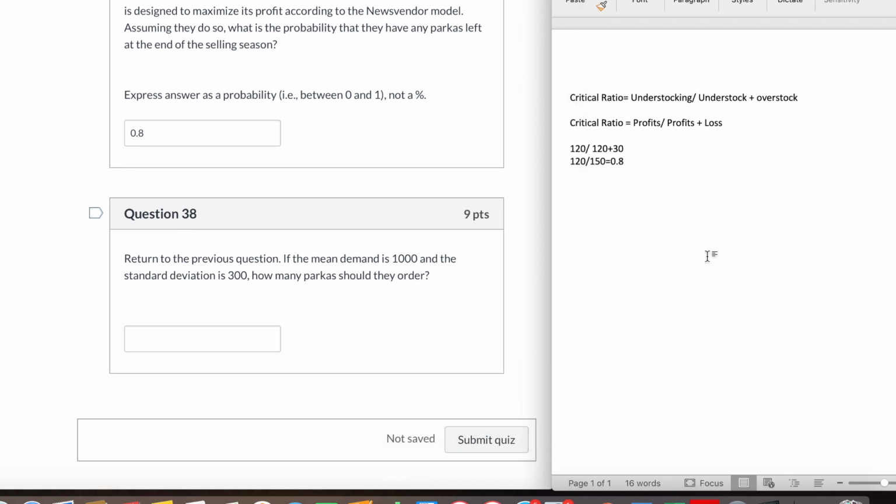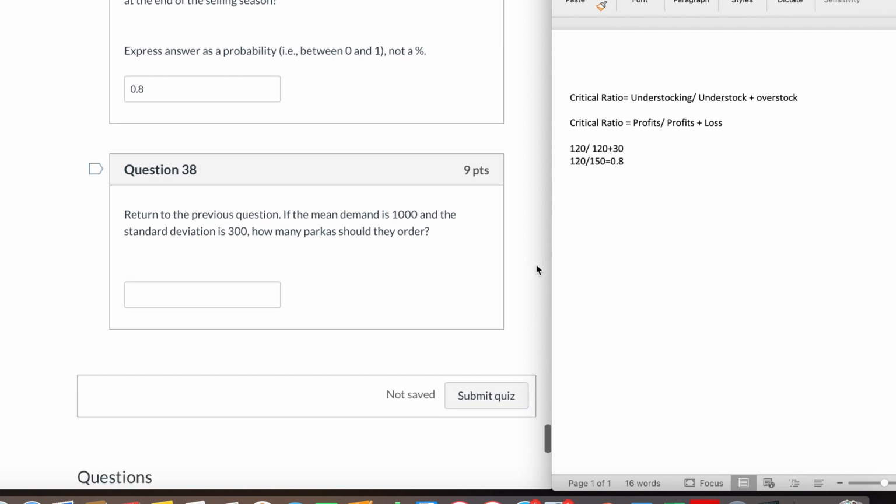Now, the last question. Return to the previous question. If the mean demand is 1,000 and the standard deviation is 300, how many parkas should they order? Well, now that you have the critical ratio of 0.8, you have to plug that number into the normal distribution z-score table.